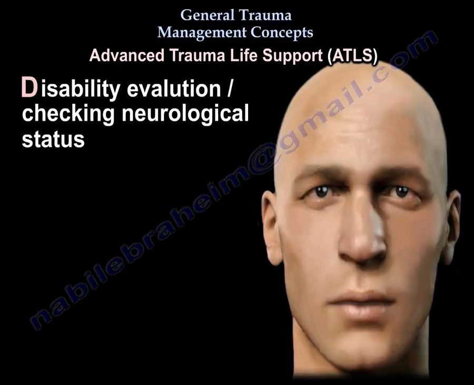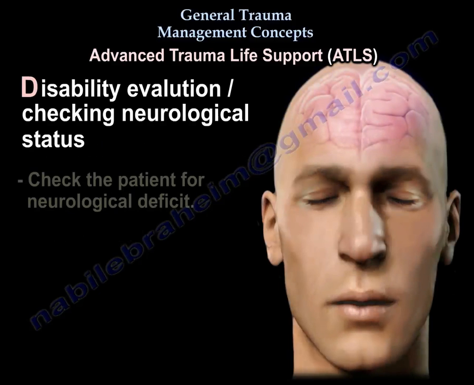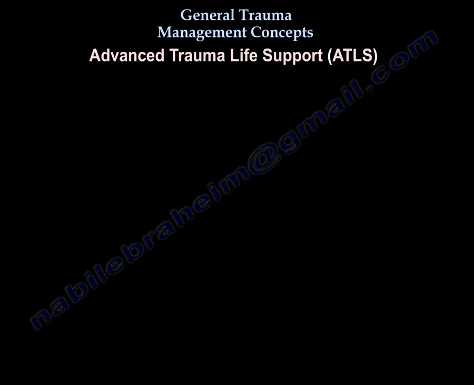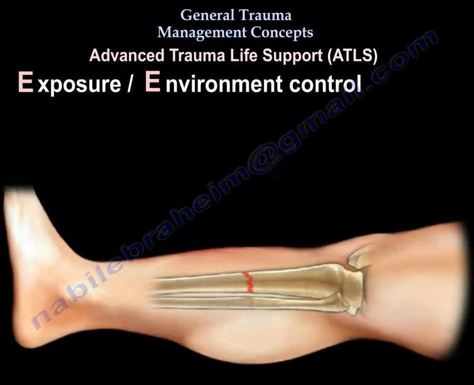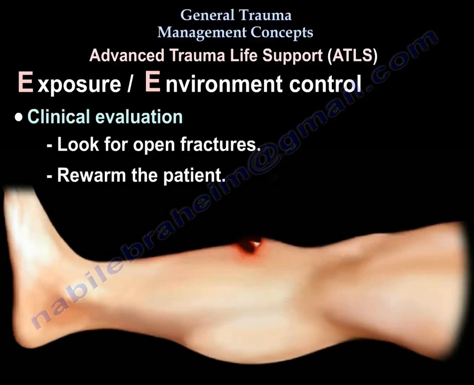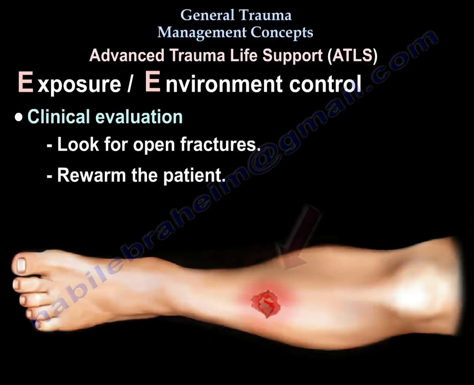Then disability and neurological exam to see if the patient has a neurological deficit. The exposure and environmental control will be clinical evaluation to identify occult injuries and look for open fractures and rewarm the patient.